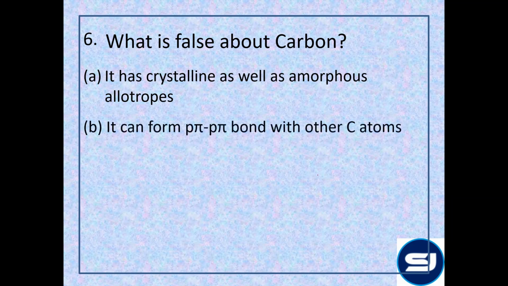Correct hai. Can form pi bond with other carbon atoms. True. Second period element has only the p orbitals present, which can overlap with the other elements to form a p-pi bond. और इसके जो p-pi bonds होते हैं वो बाकी एलिमेंट्स के कंपैरिजन में स्ट्रांग होते हैं कि वीक होते हैं?